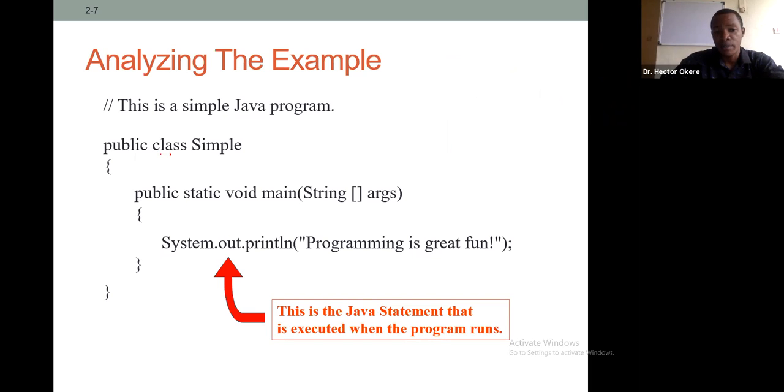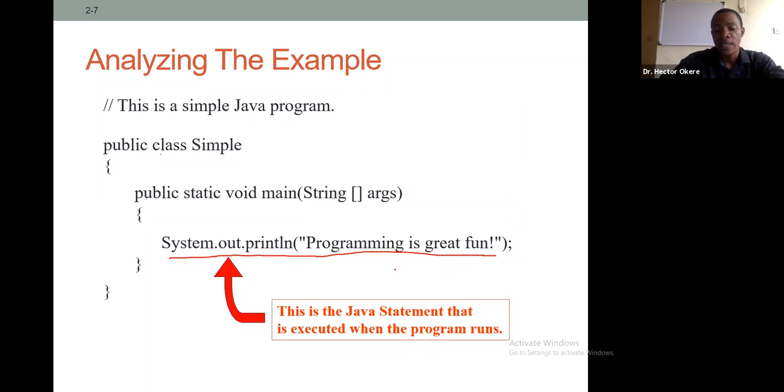Public class simple. Okay. Public static void main. System.out.print. Okay, now this is another statement. This is a statement in Java.